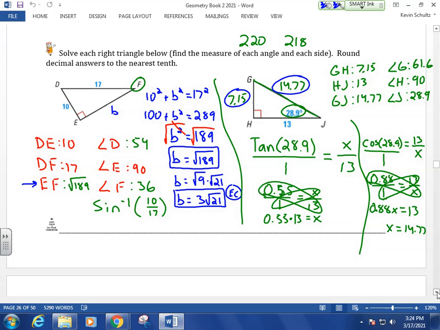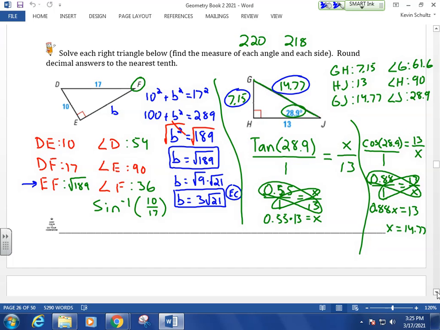Your assignment for solving right triangles for 7.3 is going to be, sorry, a good teacher would have had this prepared for you already. Let's look at page 486, and I would like you to do 10 through 15.